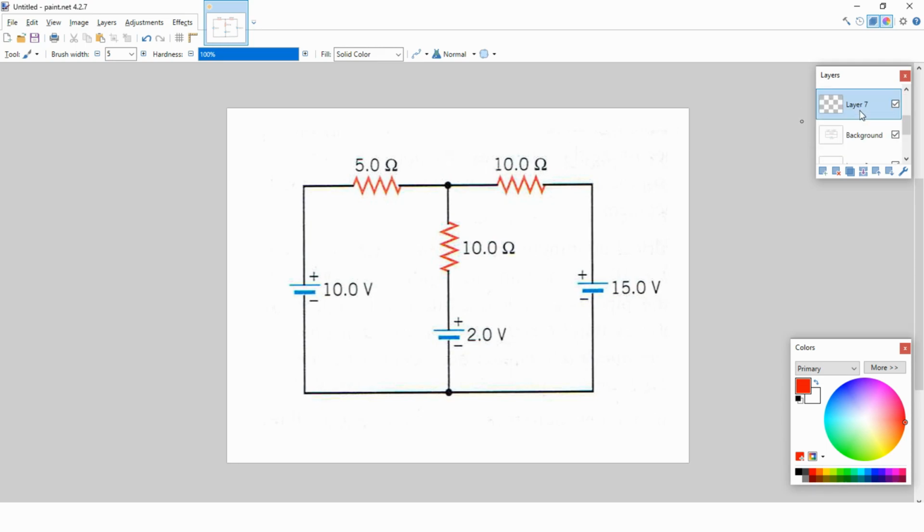Okay, I was editing the wrong layer, but here we go. So we're analyzing this junction. I'm going to do the same thing. I'm going to label A, B, and C. I'm going to draw current flow. I like doing this current flow every time.